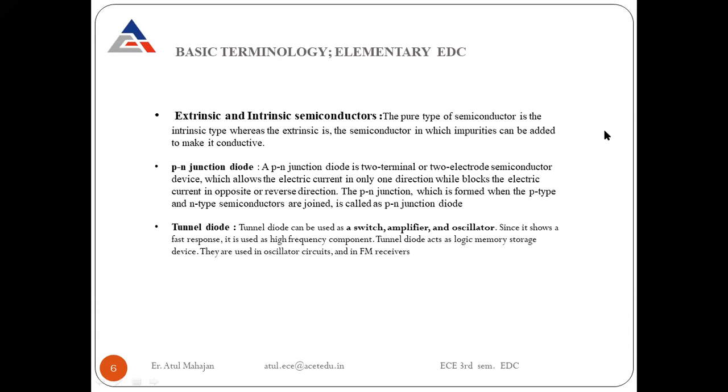The tunnel diode acts as a logic memory storage device. They are used in oscillator circuits and in FM receivers. They have a negative resistance component, and they can be used in switches, amplifiers, and receivers. These are various applications where they can be easily employed and where they are actually used.